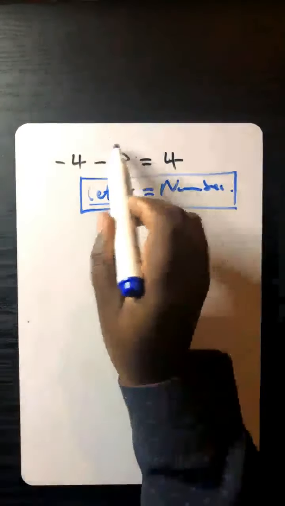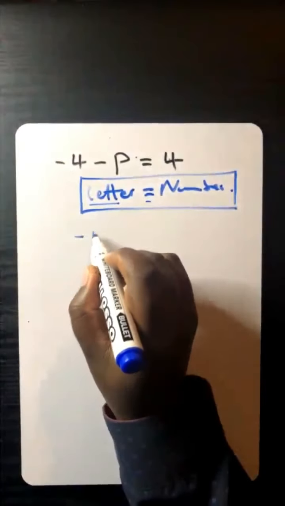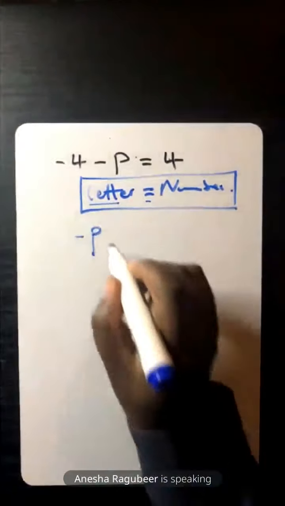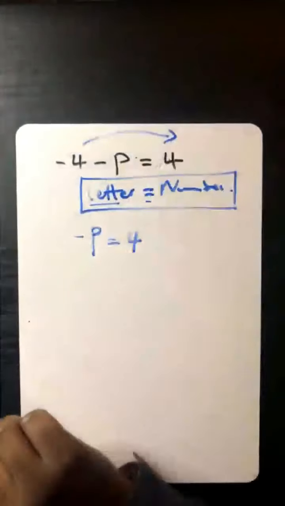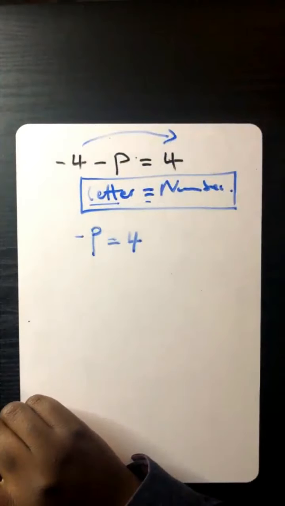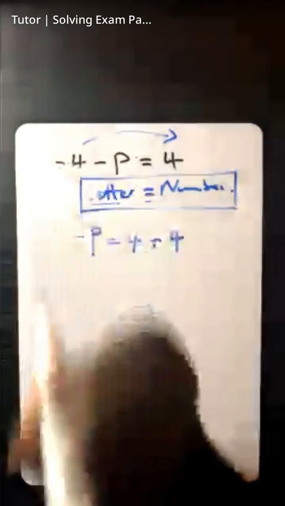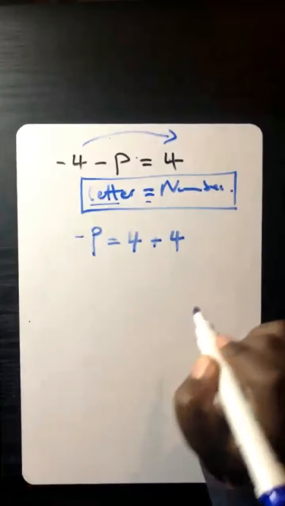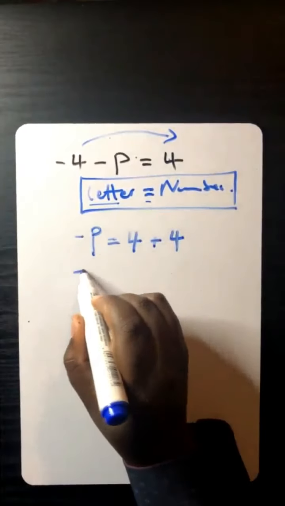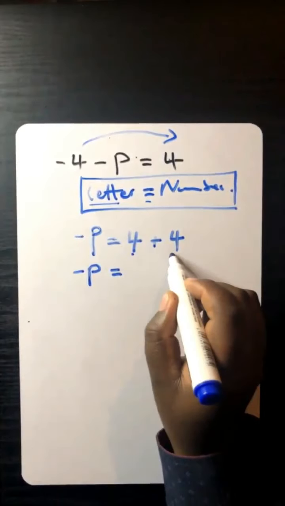So obviously we've got negative P over there, which means we are going to write negative P, which is equals to, on the right, we already have positive 4, because now we are moving all the numbers to the right side. We are transposing. So remember, it has to change a sign from being negative 4 to being a positive 4. Very, very much important, guys. So which means negative P is equals to 4 plus 4, which is 8.